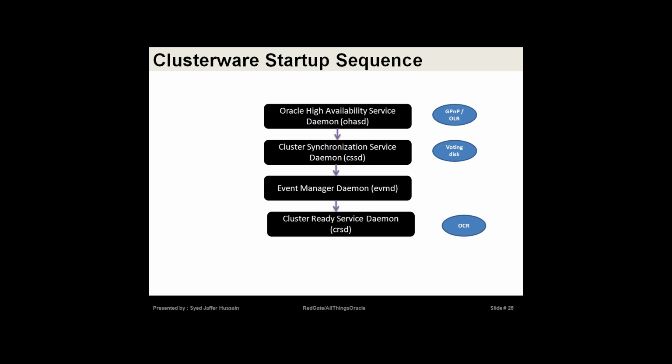If CSSD does not start, your cluster will not start, and the other processes will not be started. Then after CSSD comes EVMD, the event manager daemon process, and finally the cluster ready services daemon, which is responsible for starting all your services like database, listener, database service, and other stuff.